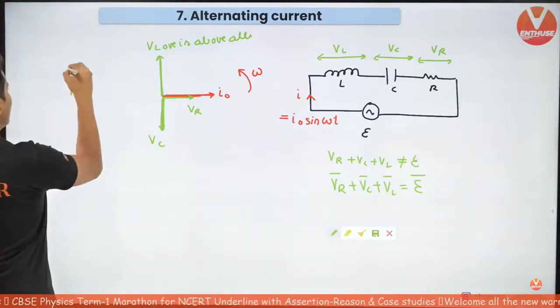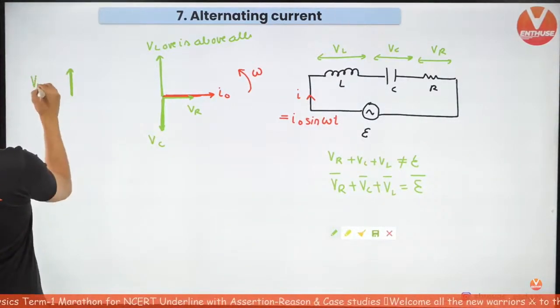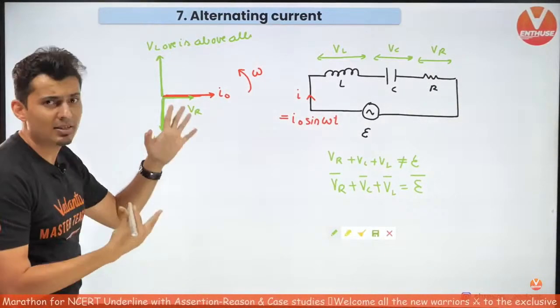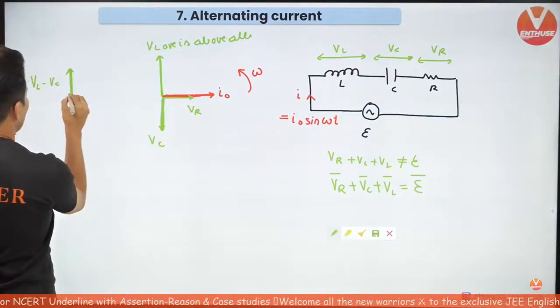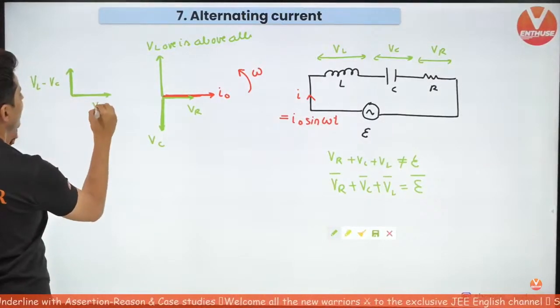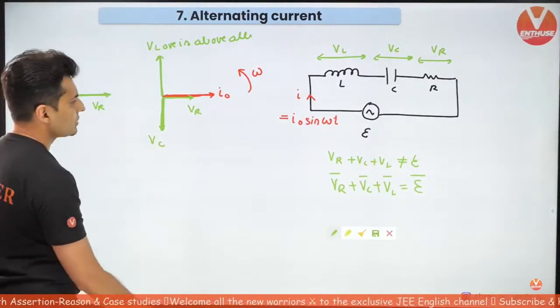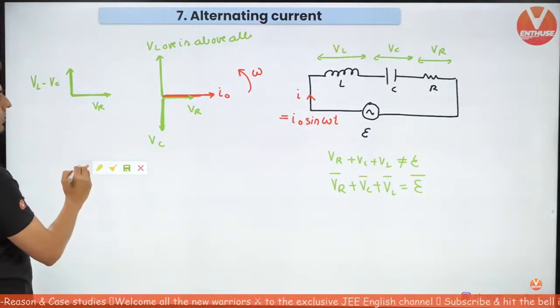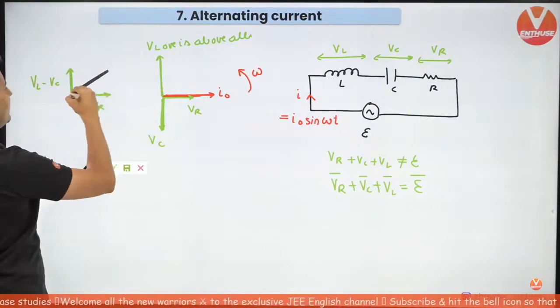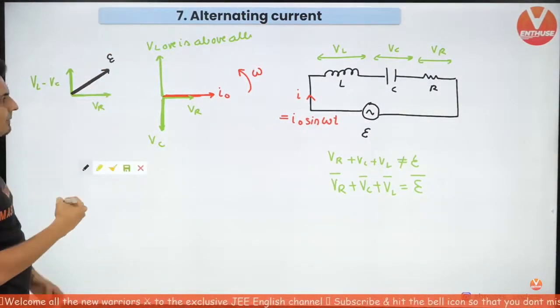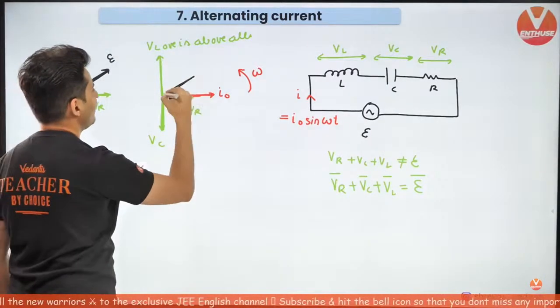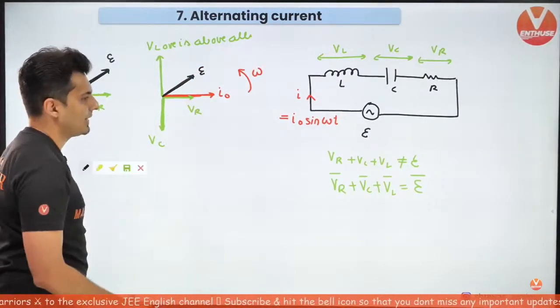So what will you get? You will get this one as VL minus VC or VC minus VL, whichever is more. This vector will come over here, and then you will find the resultant of these two. The resultant of these two will be here. So this is your final vector, right? So this is how your final EMF is going to look.